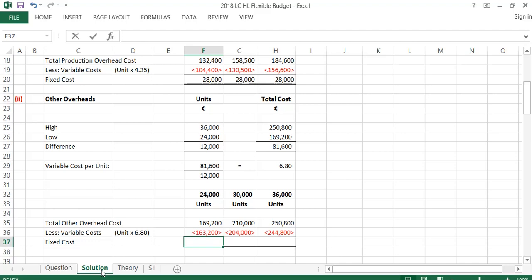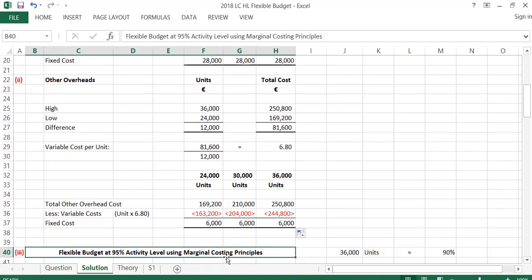And again, when I work those out, I get a fixed cost of 6,000, and again that should be the same the whole way across. So my fixed cost for other overheads is 6,000.